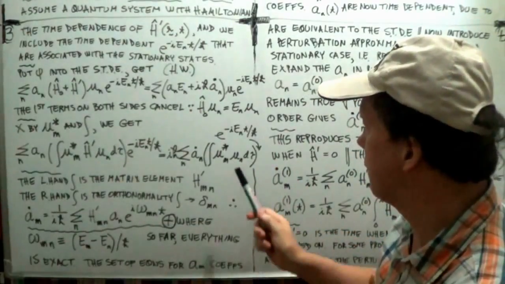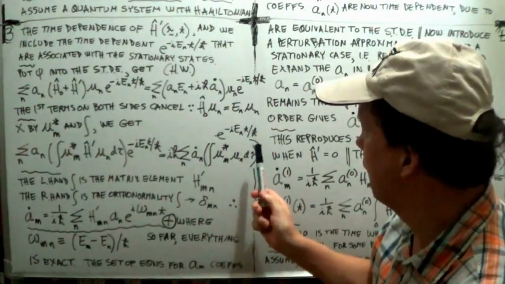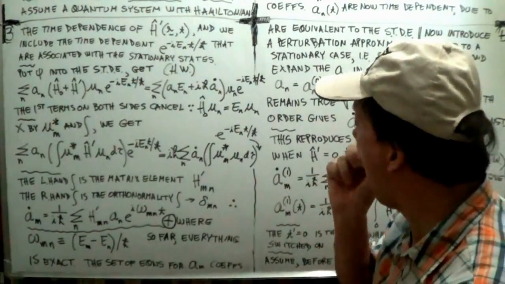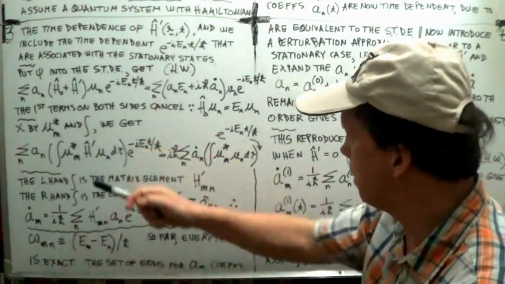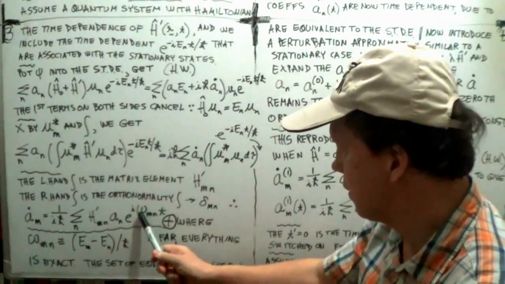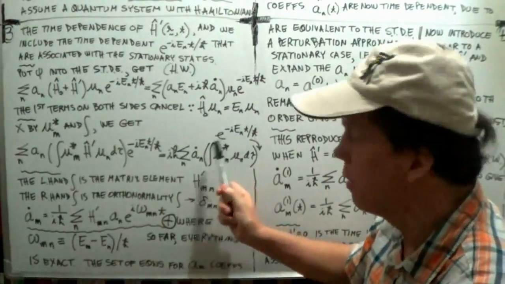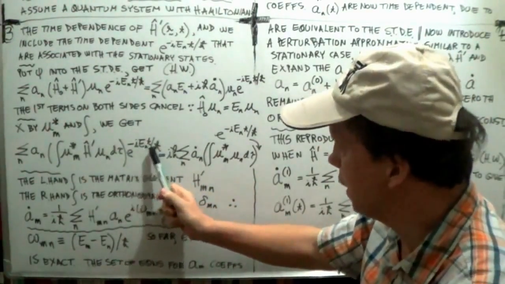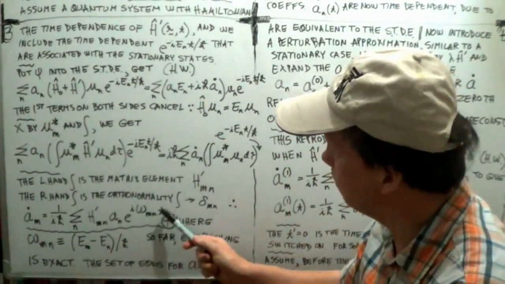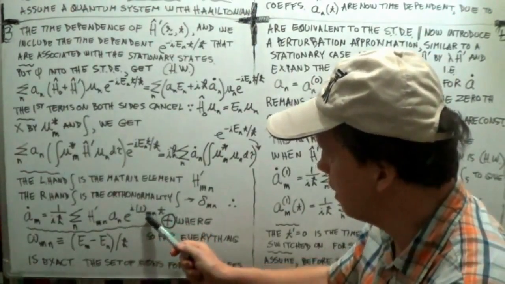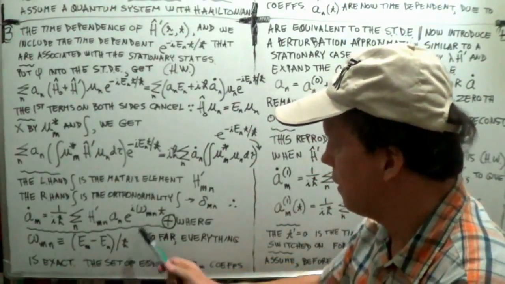Take this over, and this will become em because of the delta function, plus. So this omega is the difference in these energies: em minus en, divided by h bar. You've created a new term, omega mn, defined as the difference in the energies divided by h bar.